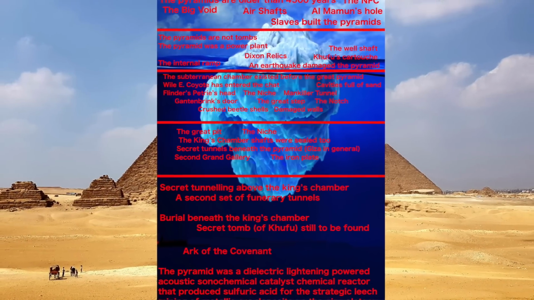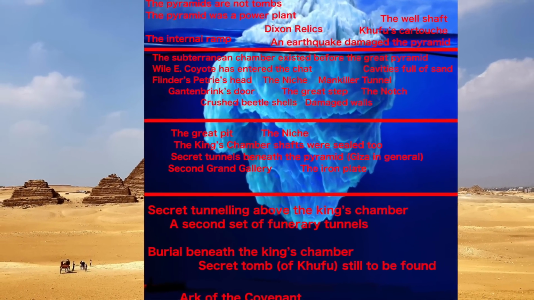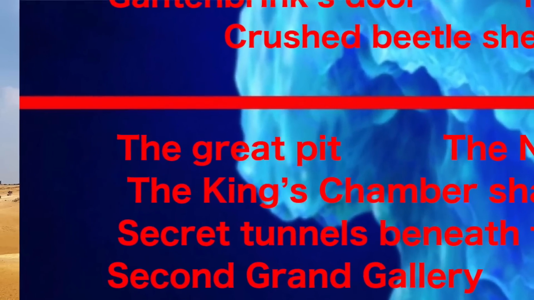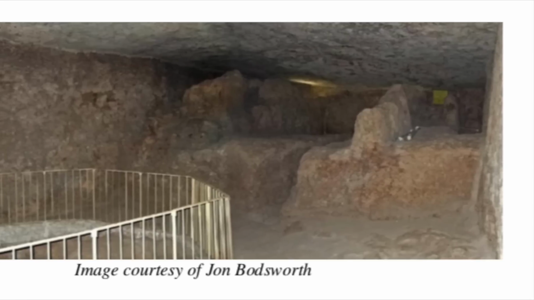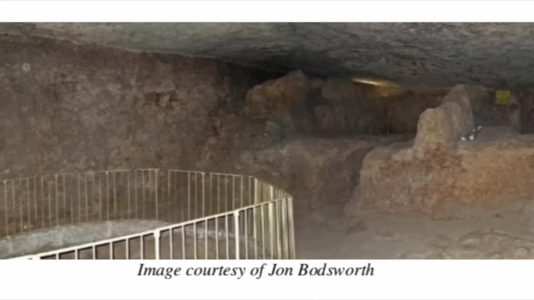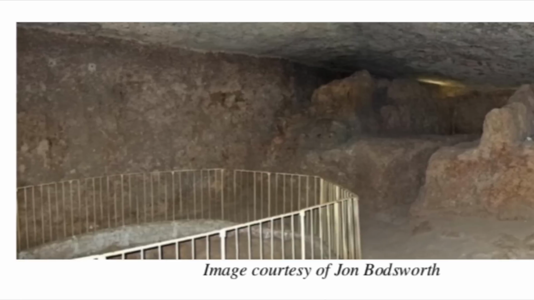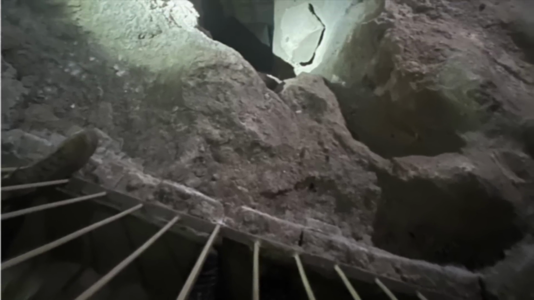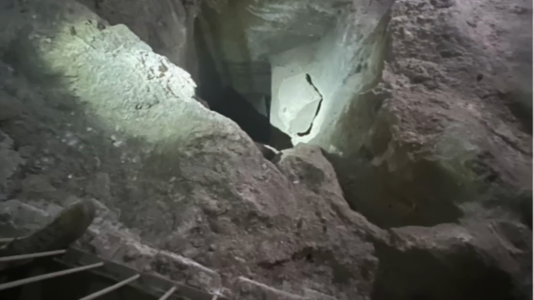The Great Pit. Deep beneath the Great Pyramid, in the so-called subterranean chamber, is the Great Pit, an imposing excavation in the rock which, due to the darkness of the cavern, can sometimes look bottomless, or at least far deeper than it actually is. But why is it there?